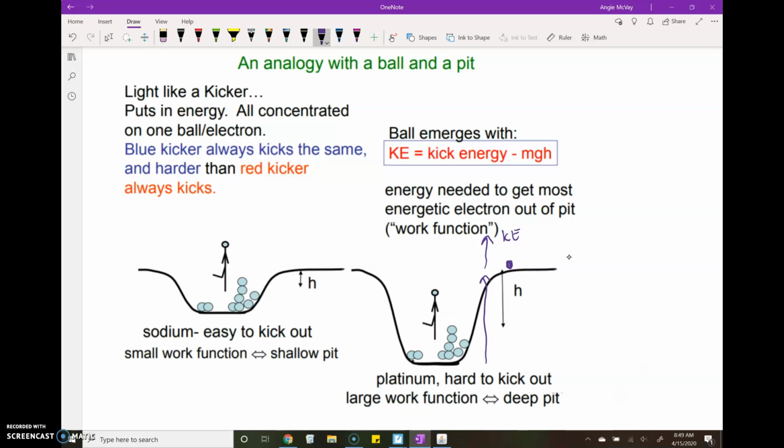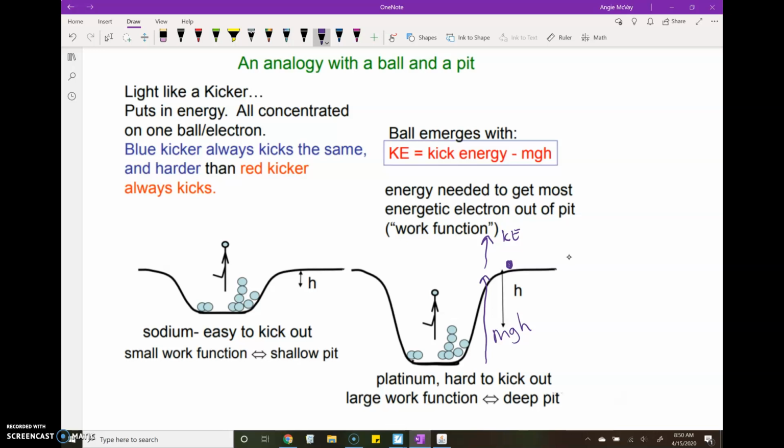And so the kinetic energy the ball has when it reaches the pit surface is equal to the energy that the kicker gave it, minus this mgh, the gravitational potential energy that had to be overcome to get out of the pit itself.